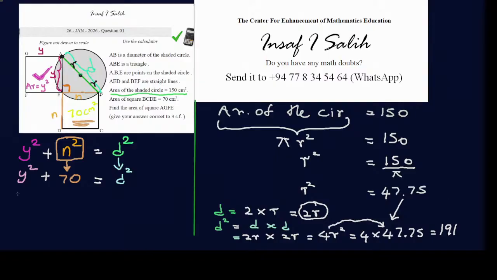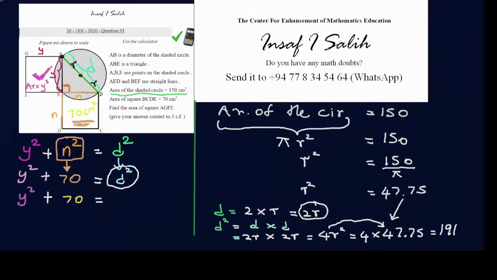So y squared plus 70 equals, all this time we didn't know what d squared is, but now we don't have to write d squared anymore.